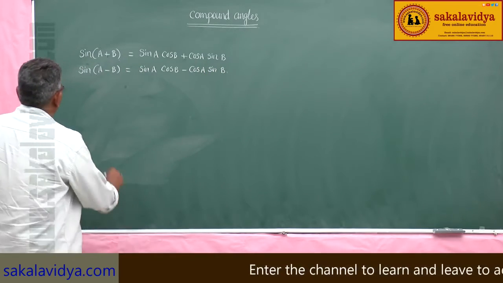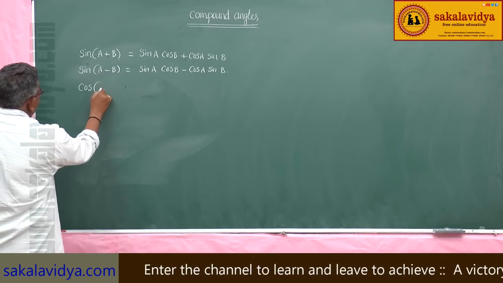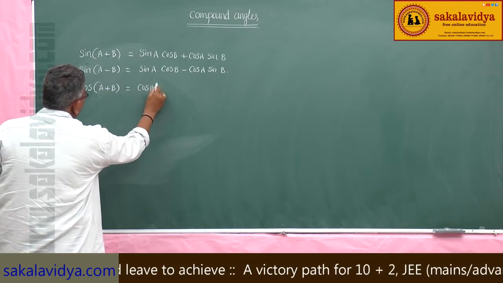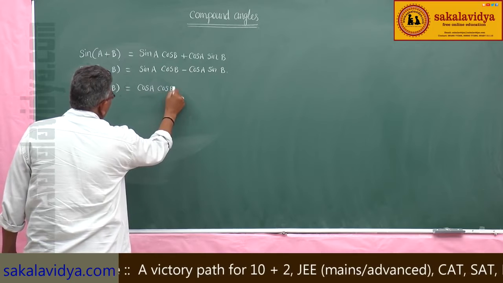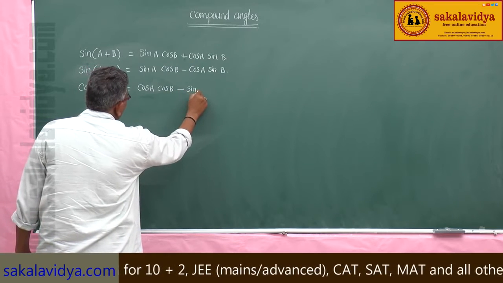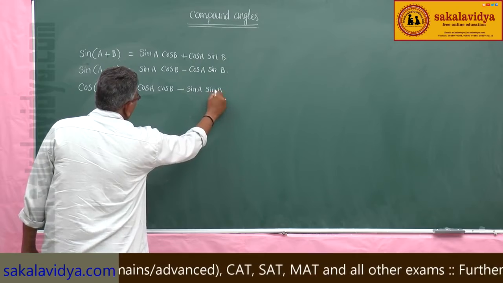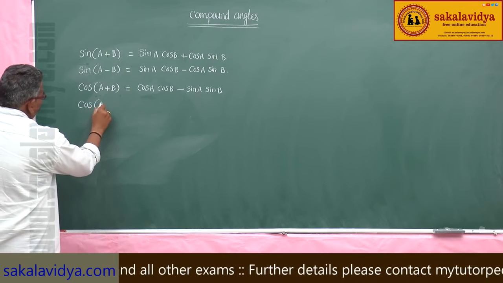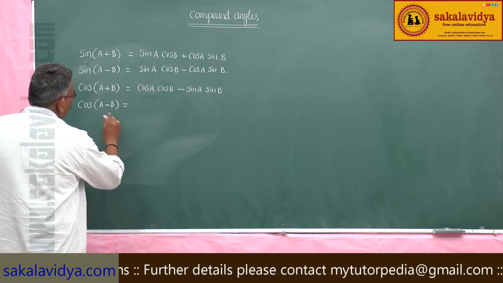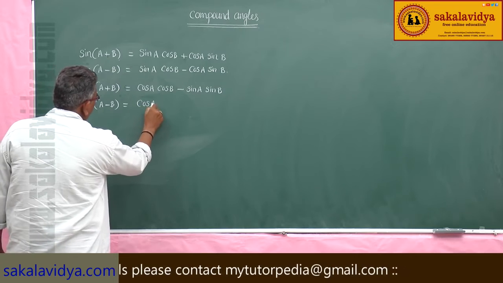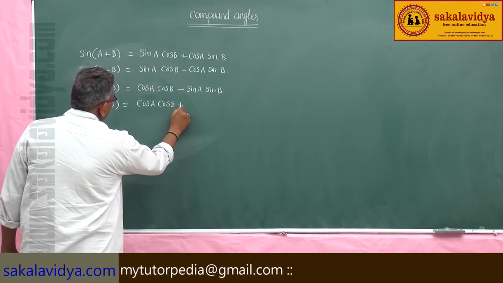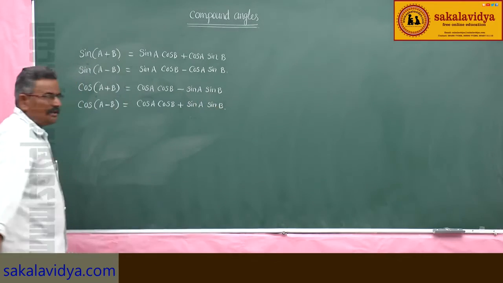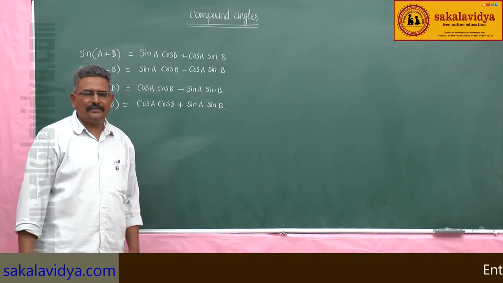Okay. Now cos of A plus B. Cos of A plus B is equal to cos A cos B minus sin A sin B. Now cos of A minus B. The value of cos of A minus B is equal to cos A cos B plus sin A sin B. Similarly, can we define tan of A plus B?